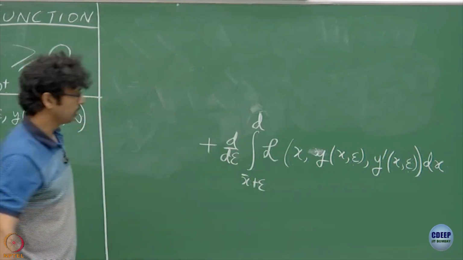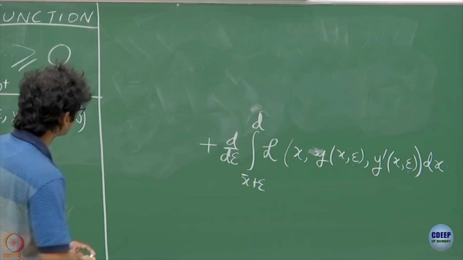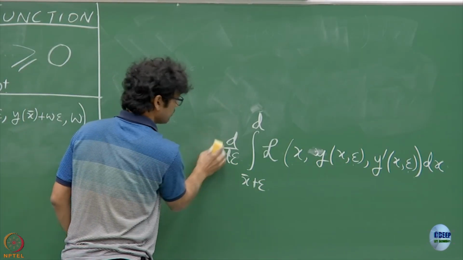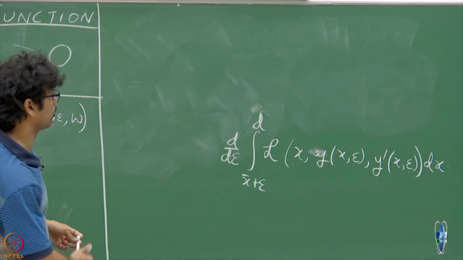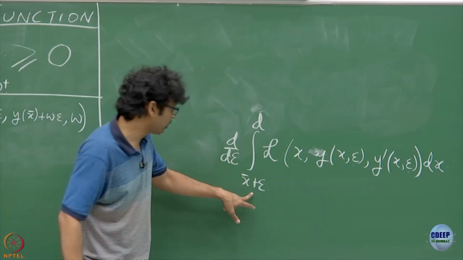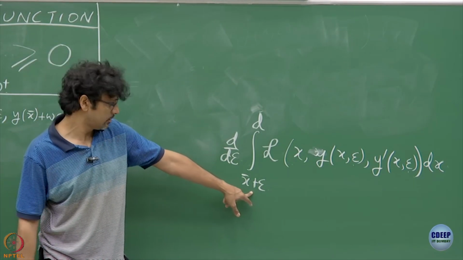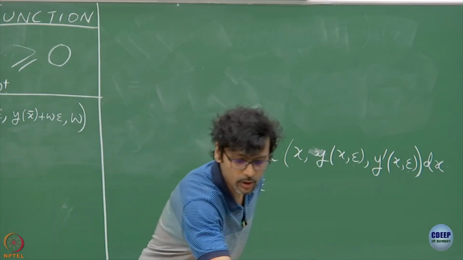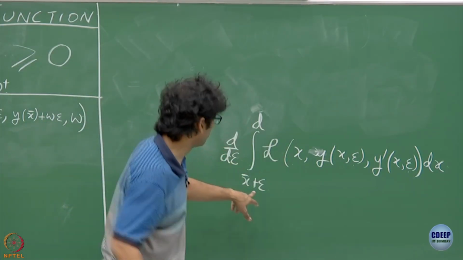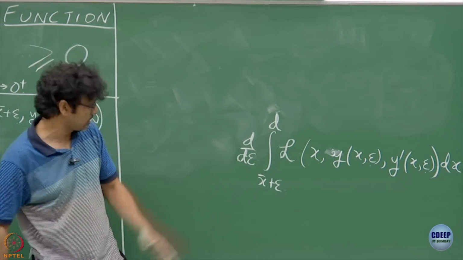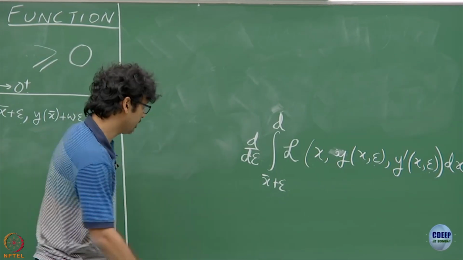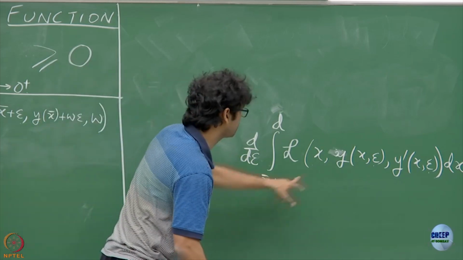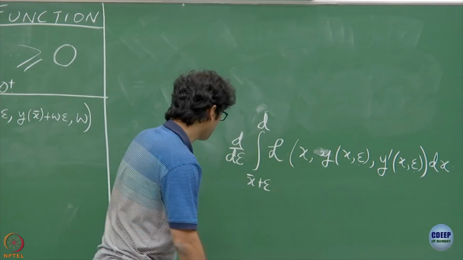Okay, the entire burden now rests on the shoulders of this fellow. What about this fellow now? Well, one term will come out because of the differentiation with respect to epsilon of the lower limit of this integral, and if you differentiate the lower limit of this integral, you will get a minus 1 because it's minus. Yeah, so this will give you minus and you have to substitute x bar plus epsilon here once again.